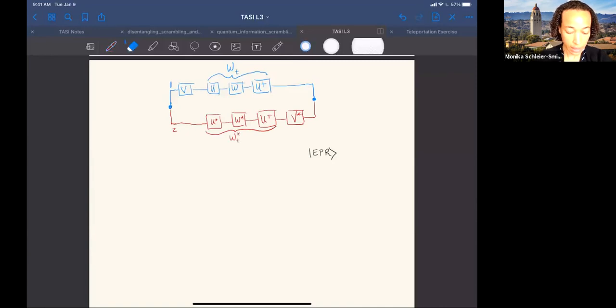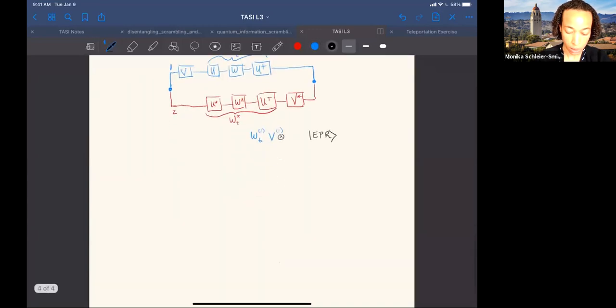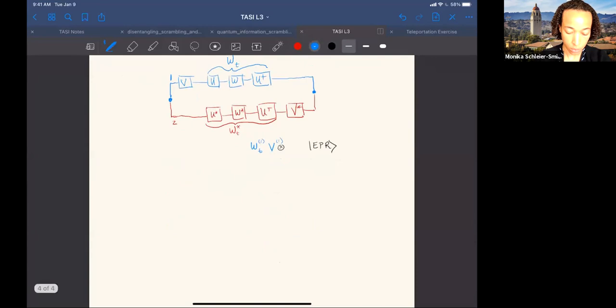So this is saying I'm going to act on subsystem 1 with V followed by W_T. That means I'm going to apply V and then W_T on subsystem 1. I have to flip the order when I write it in this notation. This is tensored with applying, on subsystem 2, first W star, and then V star.